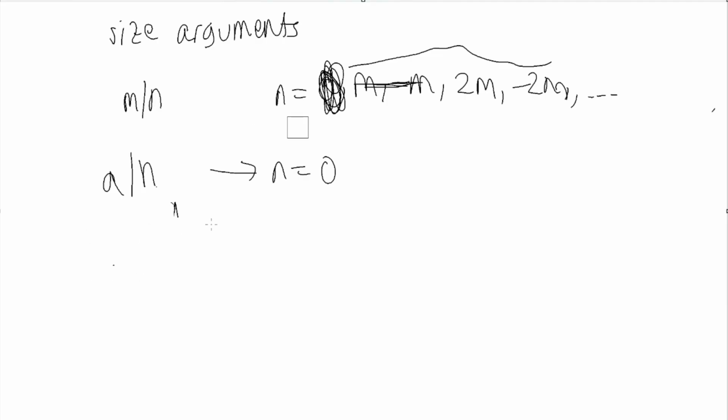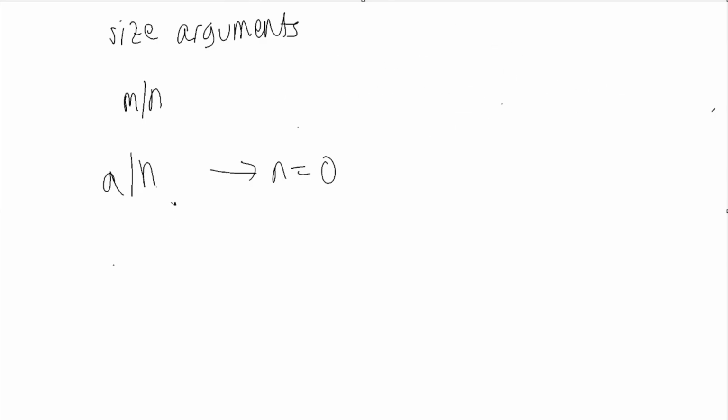So these are the two main theorems that we need to know. If m divides n, then the absolute value of m is less than or equal to the absolute value of n, which is a very stupid bound, but it often works for our purposes. And if a divides n for infinitely many a, then n equals 0.